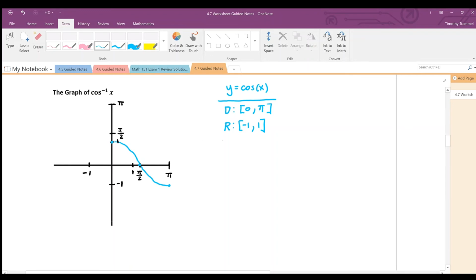And also, let's put in some of those points that we're going to want here in a minute. So we're going to want to work with 0, 1. We're going to want to work with pi over 2, 0. These are just those nice points. And then pi, minus 1. Okay. And let's move to cosine inverse.